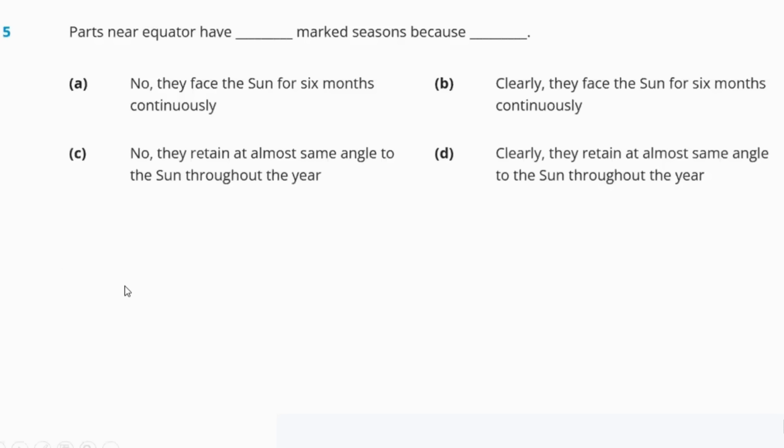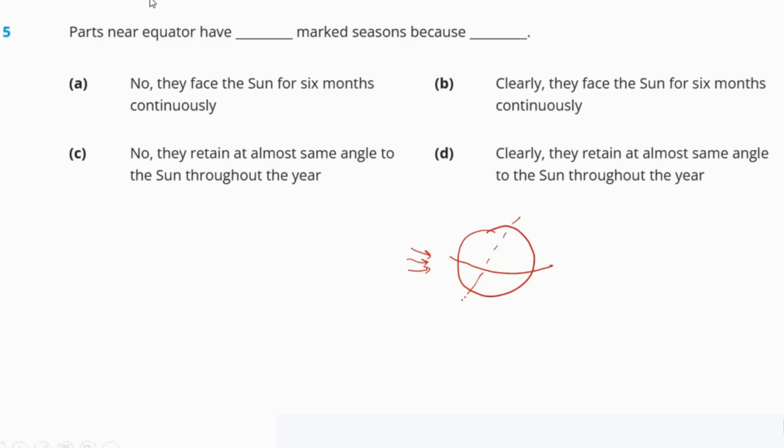Question number 5. Parts near the equator have marked seasons because... okay, what is the equator, everyone? If this is our Earth and this is our axis, this is the equator. The equator is a special thing here. Throughout the year, the sun rays fall directly over here and the weather remains almost similar the whole year, right?